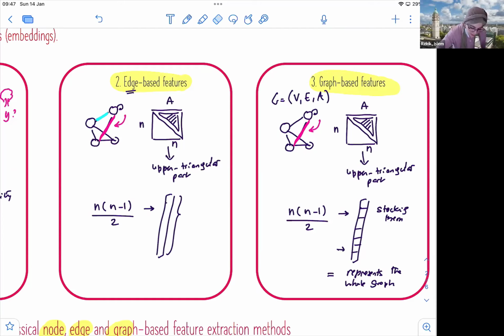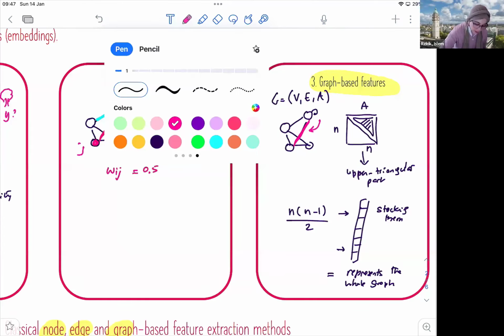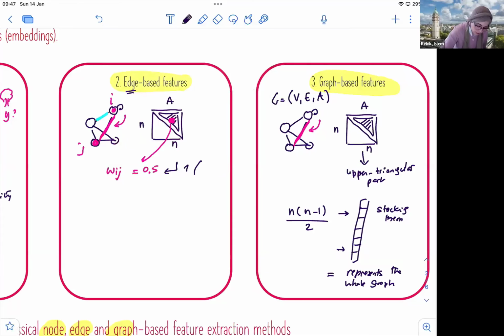Now, if you want edge-based features, having a single value is not important. A single value means one value right here, the weight that connects nodes i and j, and it could be, for example, 0.5. If you rely only on this, you have only one feature. So we want to extract multiple features for a single edge.